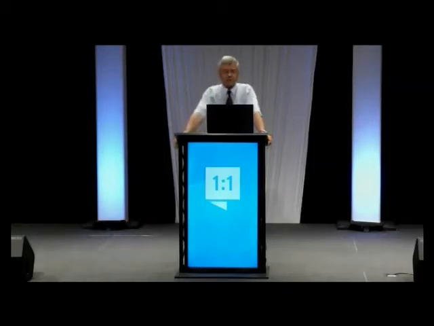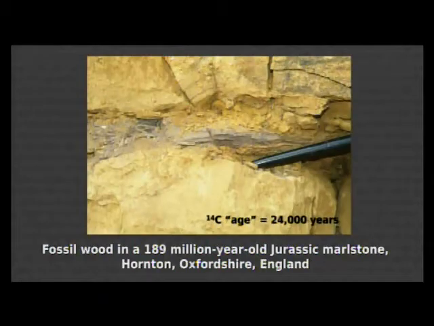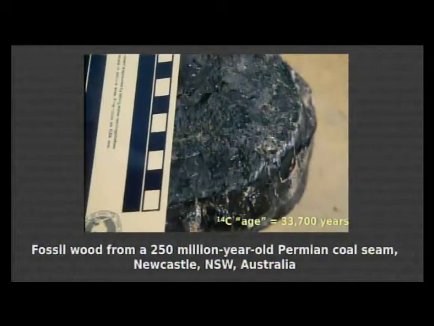So for example, here's a fossil wood from a Jurassic, 189 million year old rock in England, and it gave a carbon-14 age of 24,000 years. Here's fossil wood from a 250 million year old coal seam in Newcastle, Australia, and it gave a radiocarbon age of 33,700 years.